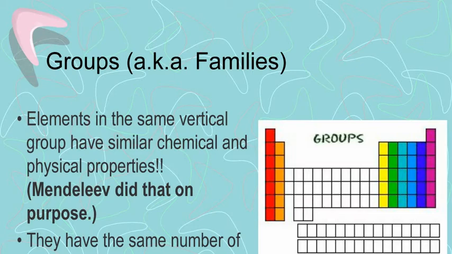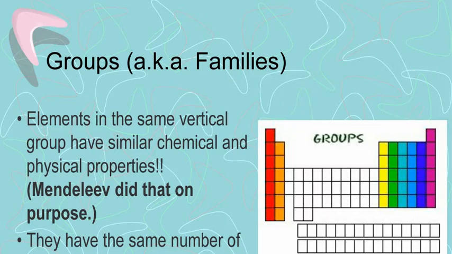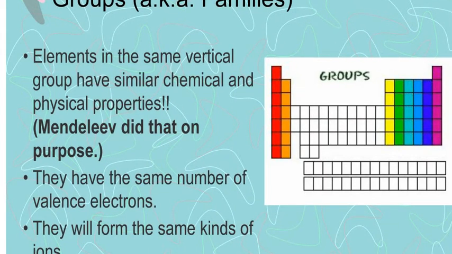The groups, which we sometimes call families, so each group that's highlighted here with a color, they have a specific family name, or they have several family characteristics that they share. If they're in the same vertical column, the groups will have similar chemical and physical properties.